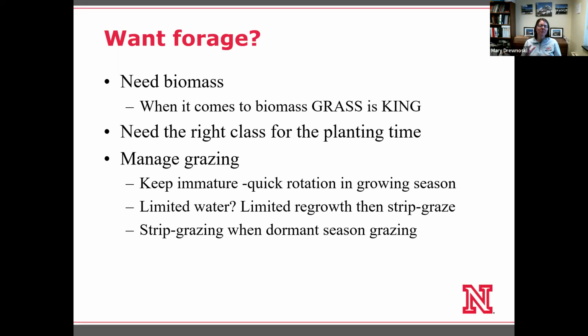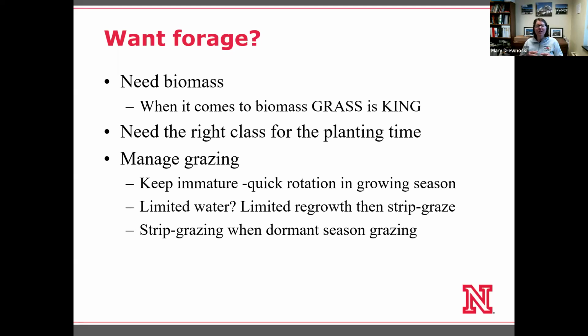And so when we think about strip grazing, we can really get between 50 and even 100% increase in the amount of grazing that you can achieve relative to continuous or set stock grazing. And so while it does have a little bit of an increase in labor, it can be huge in terms of the amount of grazing, and thus the amount of forage that you actually get out of your annuals.